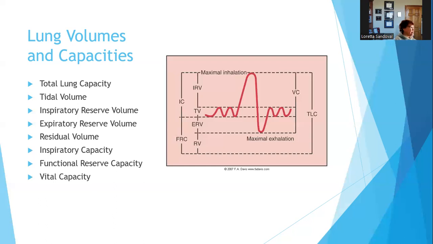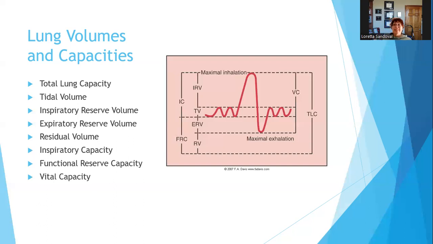So when you inspire air through the nose or mouth, through all of the airways until it reaches the end of the lungs, basically, the movement of air at full inspiration, the lungs contain their maximum amount of air. So the volume of air at full inspiration is called the total lung capacity.